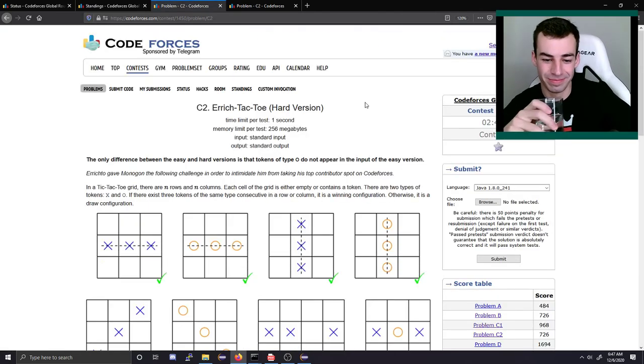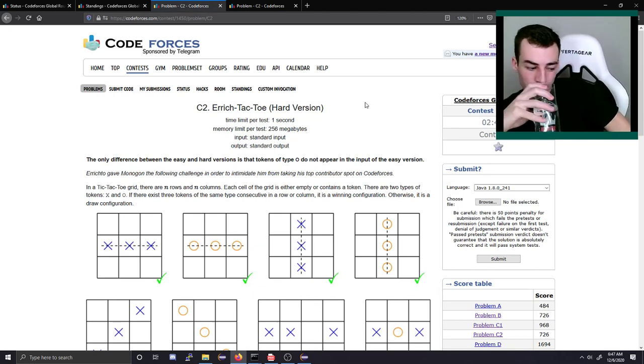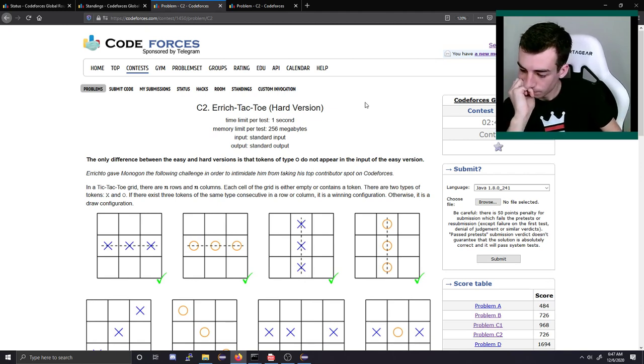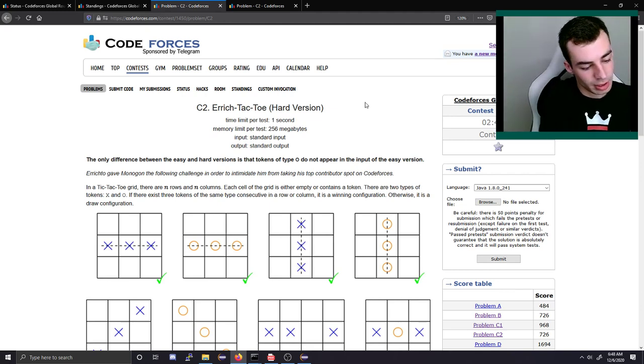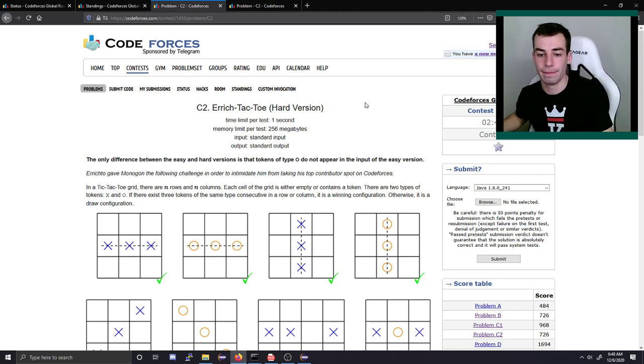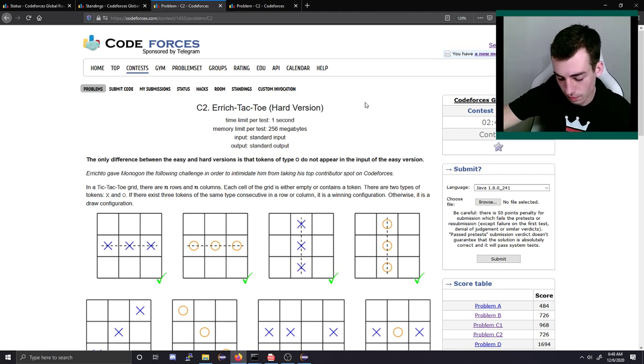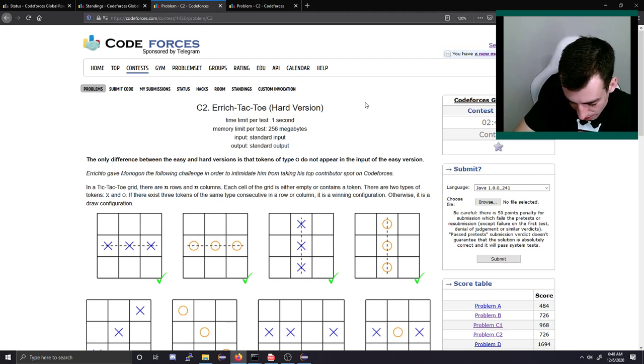I did do C2 now. I think C2 might be a completely different ballgame. Or at least this solution has issues, because you can have something like X, X, and then an O, and then 2 O's below it.